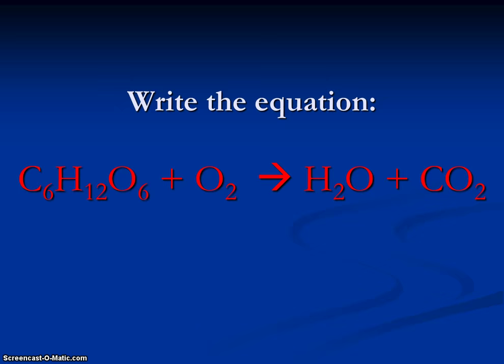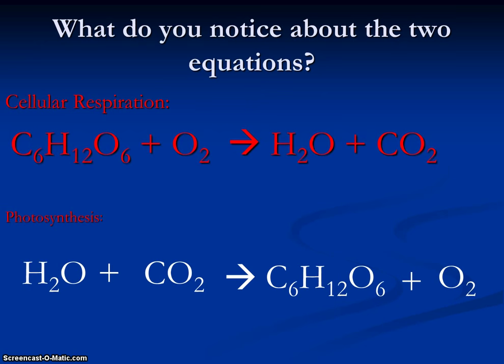This process, which is the exact opposite of photosynthesis, is called cell respiration. Look at the two formulas. I just mentioned this. Notice that the products over here for photosynthesis are what start the reaction for cell respiration. And then the same goes for the other side of the equation as well. So cellular respiration is just the exact opposite of photosynthesis.